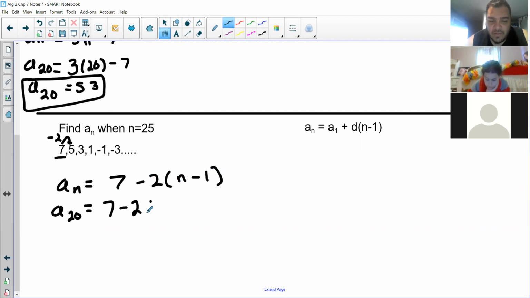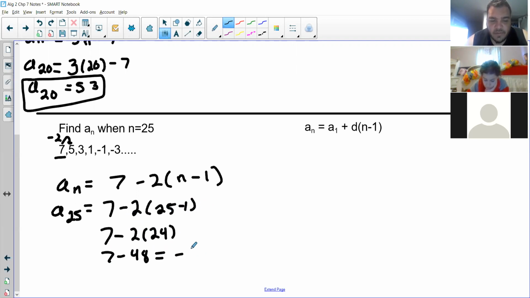So a_25, my bad, n is 25. So 25 minus 1. If you plug it in early, you could just do normal math. This is literally arithmetic. 7 minus 2 times (25 minus 1), which is 24. I don't know why I wrote 42. 7 minus 2 times 24 is -48, which gives you -41.